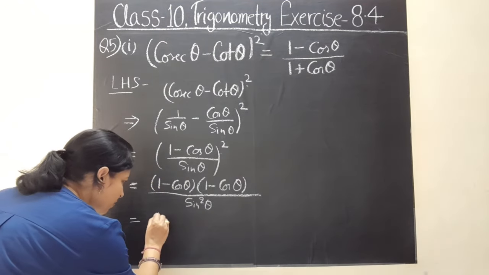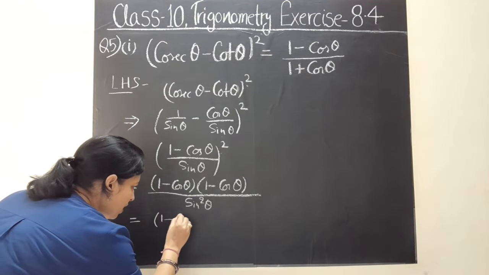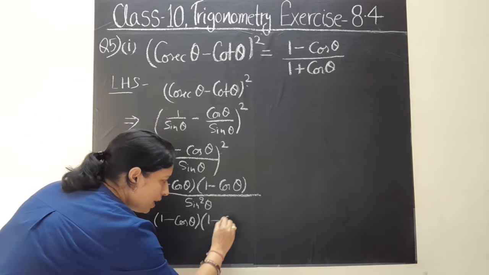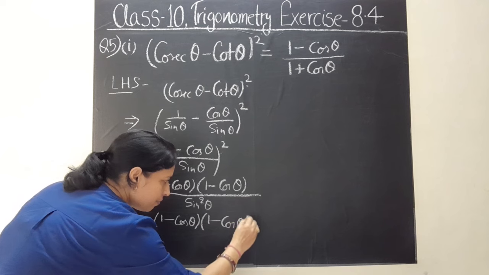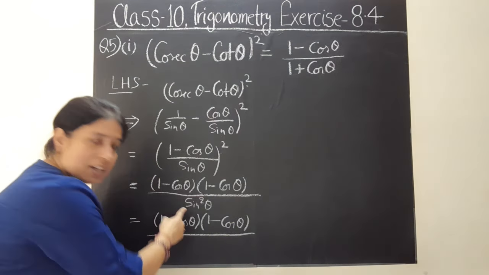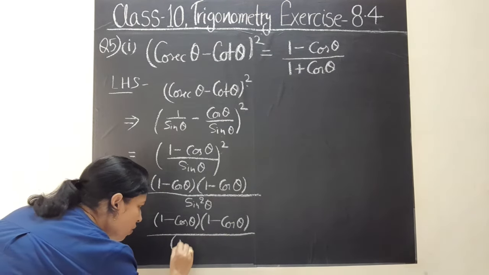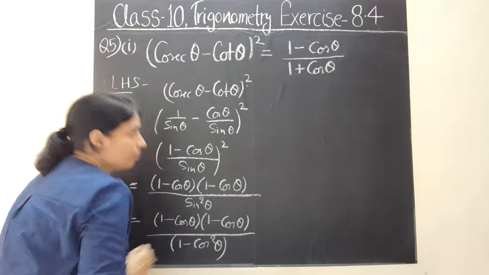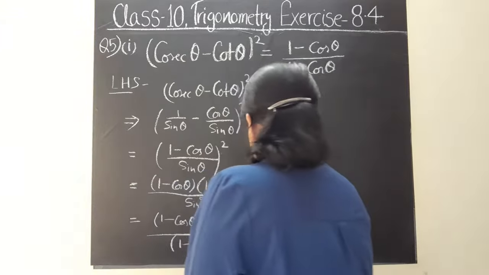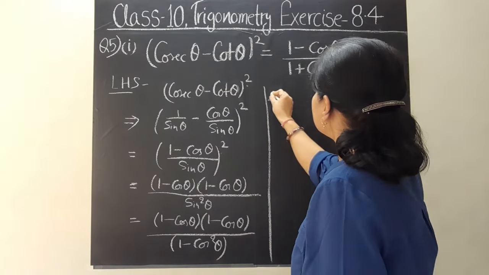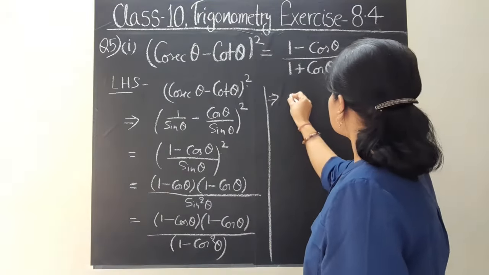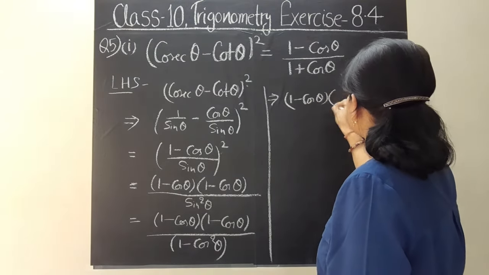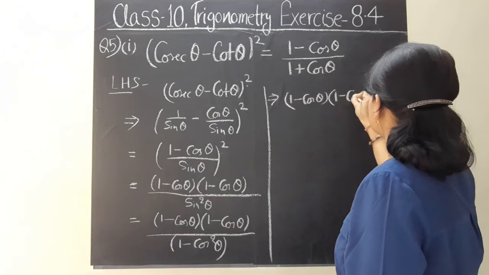So write this one as it is, 1 minus cos theta into 1 minus cos theta, and in place of sin square theta write 1 minus cos square theta. After that write here 1 minus cos theta, the same 1 minus cos theta into 1 minus cos theta.